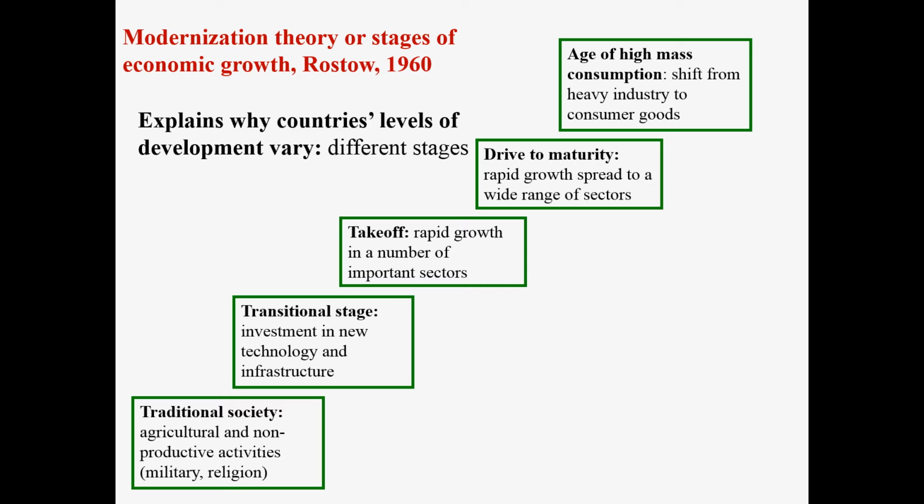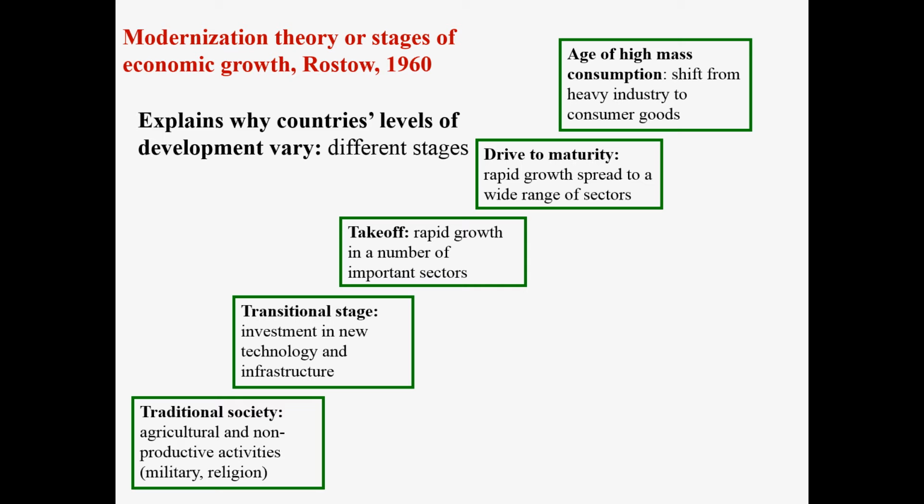Then, in order to lay the foundation for better economic growth, in order to create a condition for industrial revolution, you need to somehow invest in some critical infrastructure and technologies to prepare for the industrial revolution.